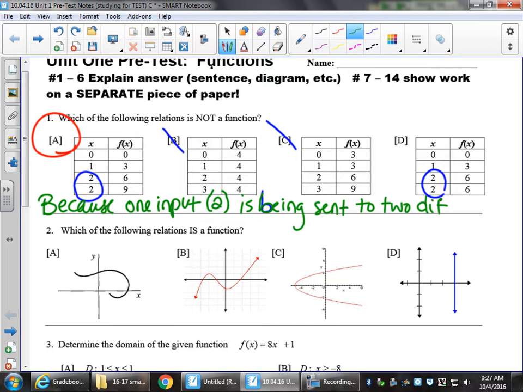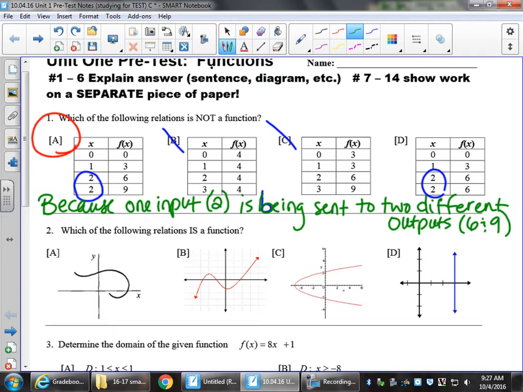What are the 2 different outputs? So choice A is the correct answer, and that sentence is the reason.